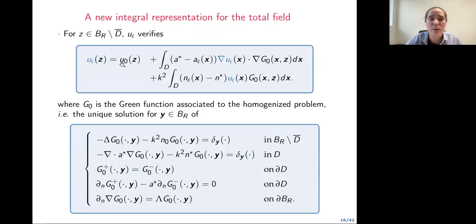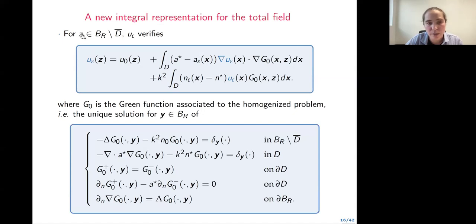Before, what we wrote was U1, and here you had the Helmholtz Green function. And now we use the homogeneous Green function. So it's G naught that verifies the homogeneous problem. And with this, we can write this integral representation.